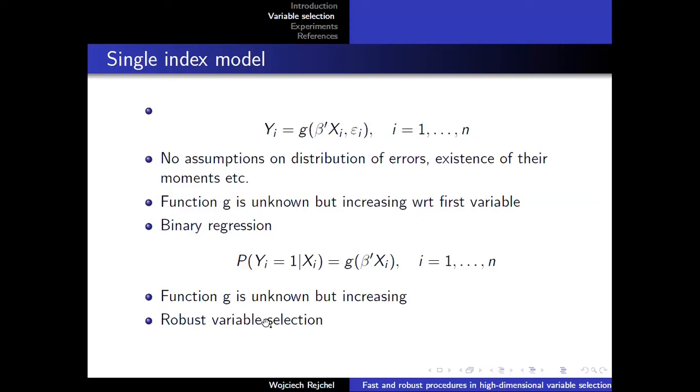But we also want these procedures to be computationally fast, to be able to work with high dimensional data, to be able to compute the estimator without much effort. Okay, so this is our problem.